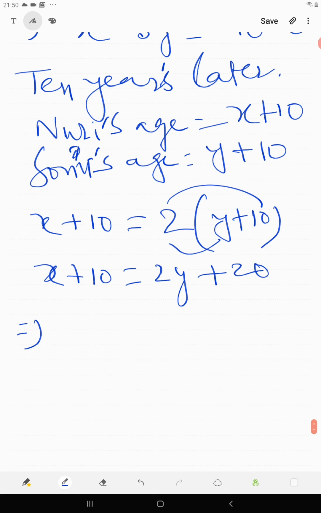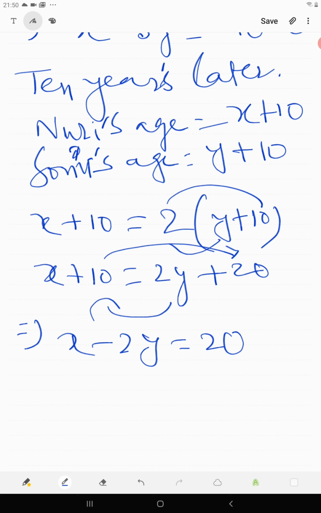So this will come left, this will go towards right. So x minus 2y, because 2y is positive in the right, it will become negative in the left. So x minus 2y equals to 20. 10 is positive in the left, so it will become negative in the right. So x minus 2y equals to 20 minus 10 is 10.